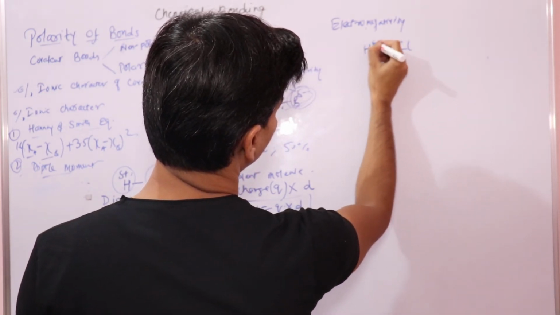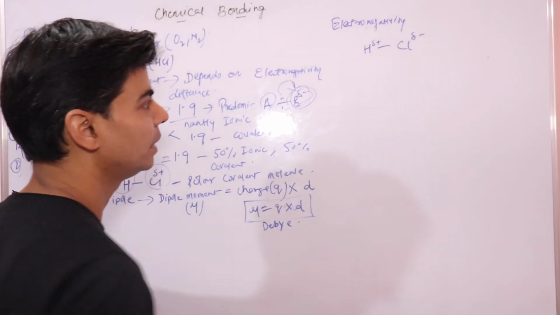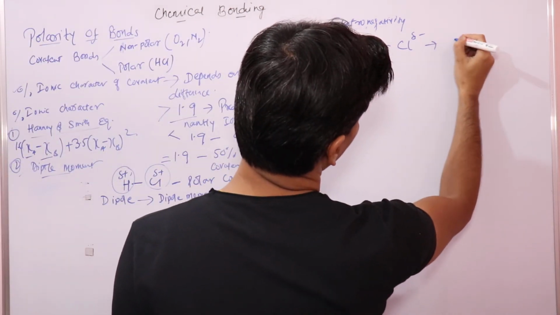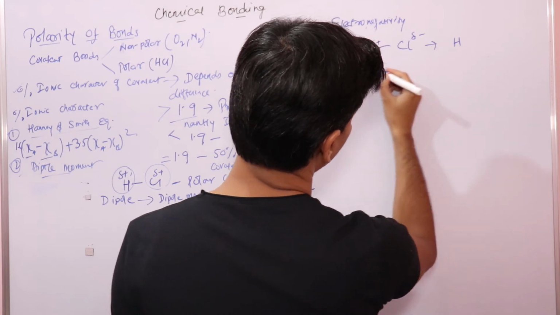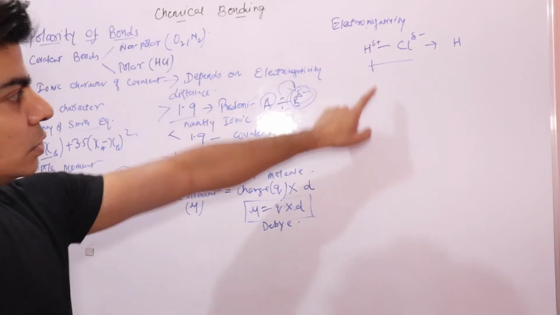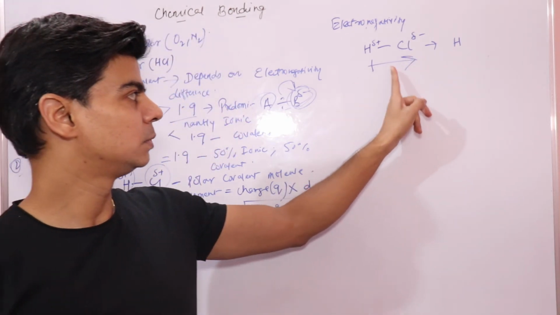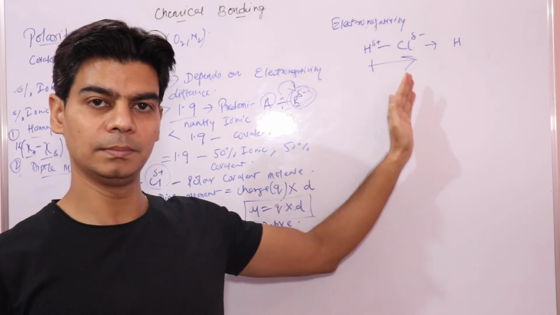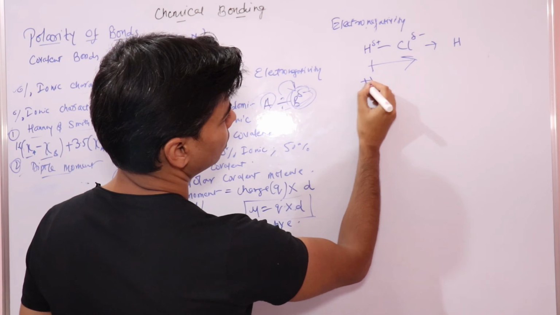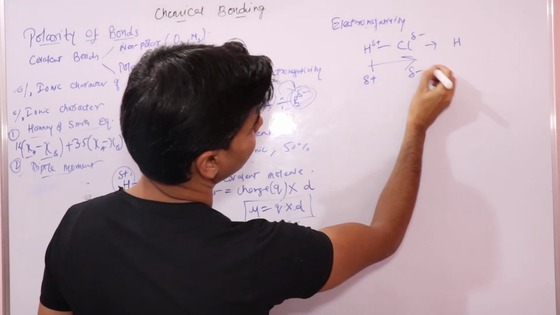Where hydrogen has a slight positive charge, and chlorine has a slight negative charge. And dipole moment is represented by a crossed arrow like this. You have a cross here, and there is an arrow. This arrow points towards the negative pole, and this is your positive pole, and this is your negative pole.